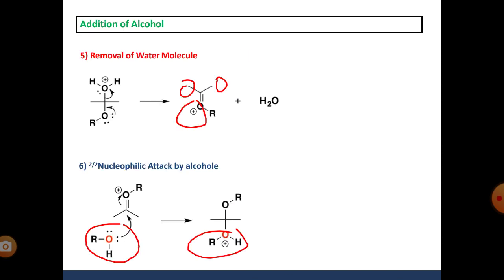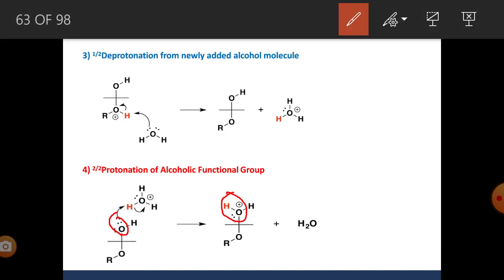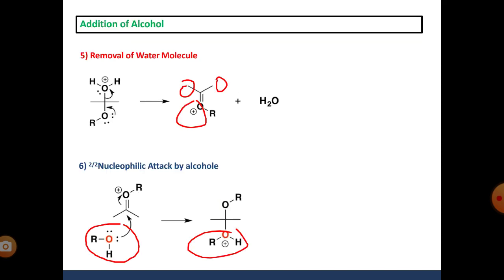Now in the next step, there is removal of proton. After removing the proton, this structure is converted into this intermediate. After this, on this electron rich oxygen, this proton attacks and converts it into a good leaving group.